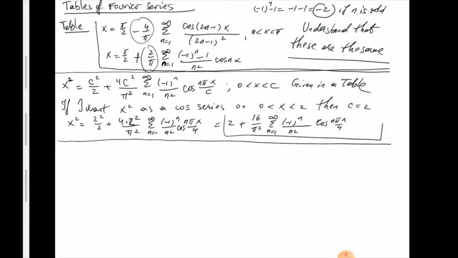One extra thing I want to mention is that sometimes the function that you want to come up with is a combination of functions given in the table. So for example, let's say I want to find the Fourier cosine series on the interval 0 to pi for 2x minus x squared.